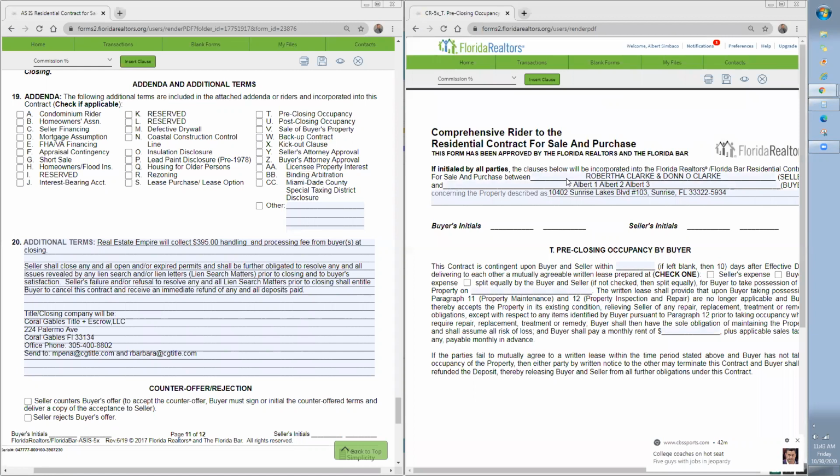So let's say the buyer has another property that they're selling and they need to move out, okay? But their property is going to sell before they purchase this new property. They can fill this out, letting them know that, hey, I would like to move into the property. If you accept, I'd like to move into the property before we close in the property.